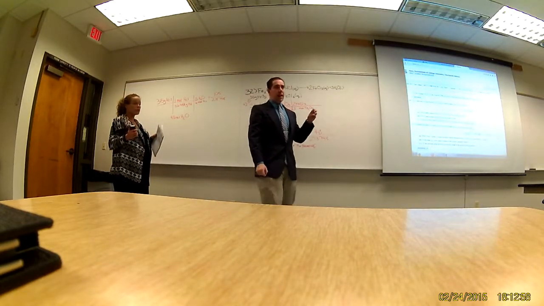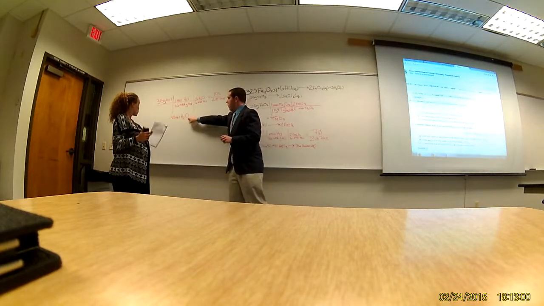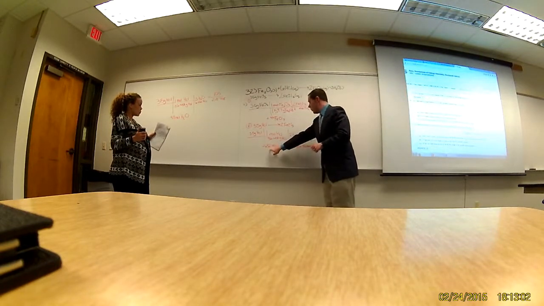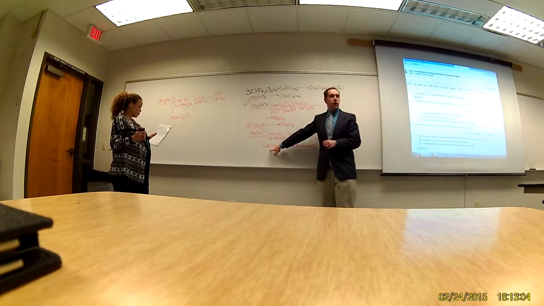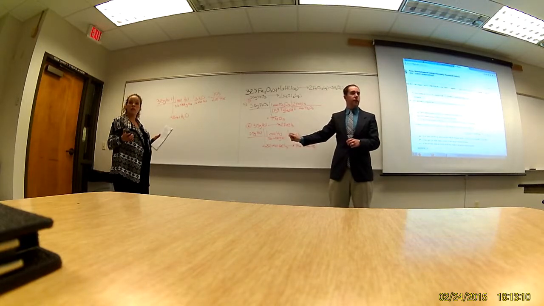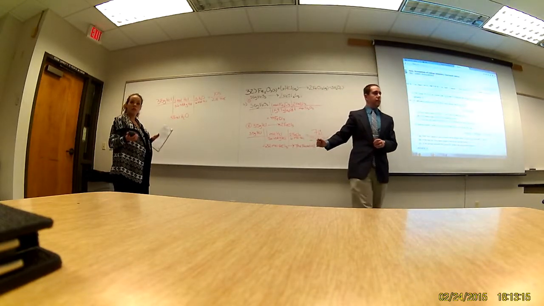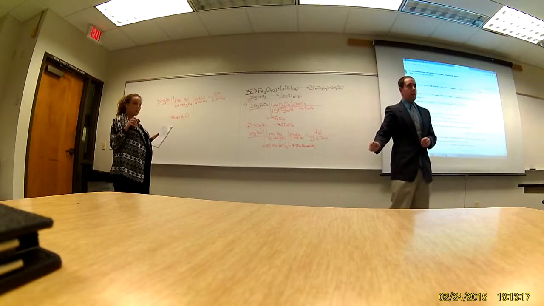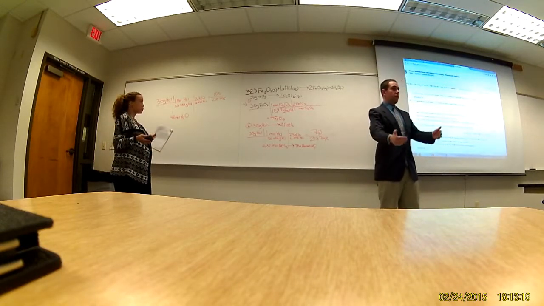So the answer to A is 0.48 moles of water and 0.32 moles of iron chloride. Is there anyone still questioning A? Okay. So then we can go to B.